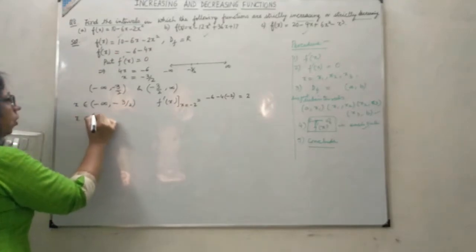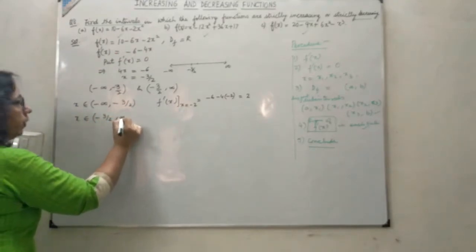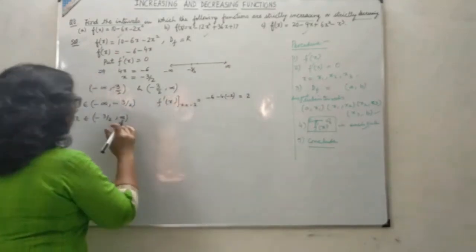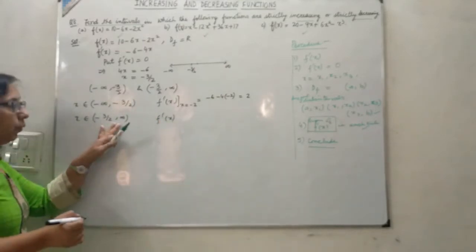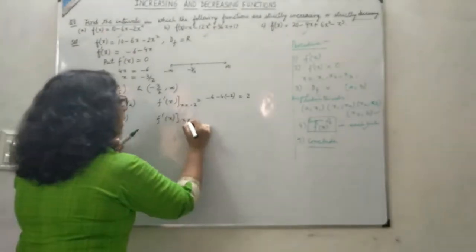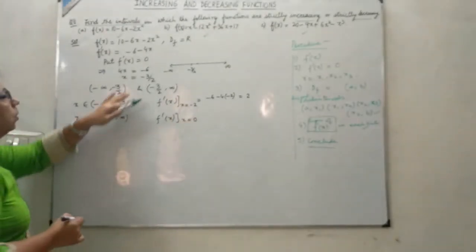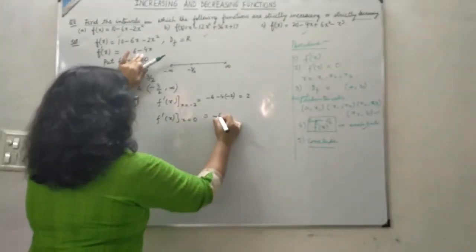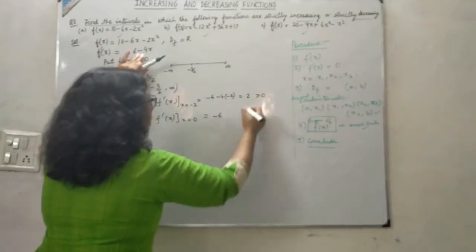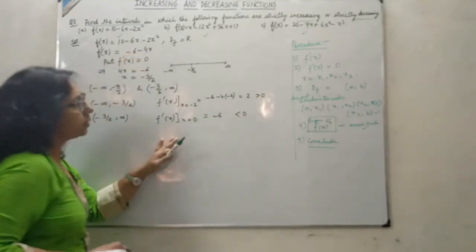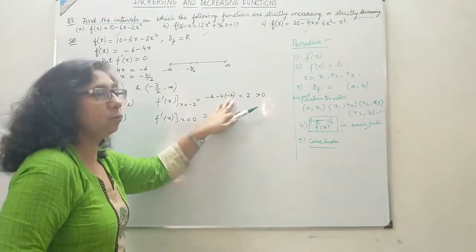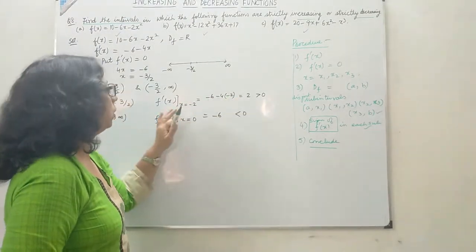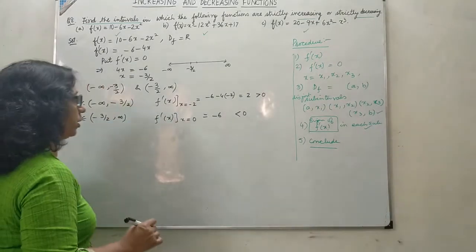Now, for x belonging to minus 3 by 2 to infinity, the other sub-interval, let me take a point, say 0, as the calculations are easier at 0. So this is minus 6. So this is positive, but this is negative. This is just for understanding. I have taken one point and substituted; you can do this step verbally also. You have to check the sign of f dash x.